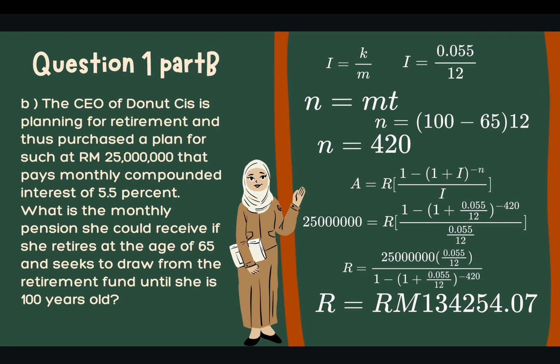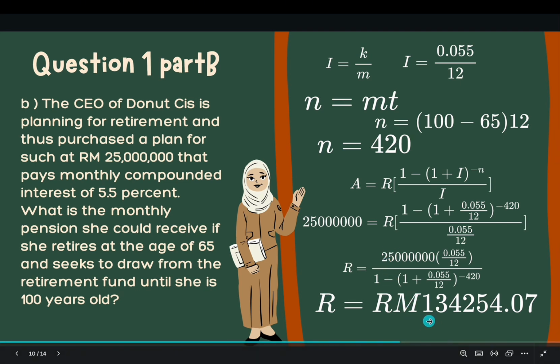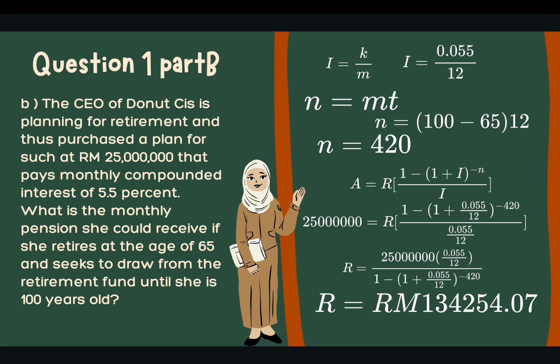First things first, we need to use the present value formula and substitute the values into the formula. So we need to find the periodic payment, which is R. Then simplify, and the answer is RM1,034,254.70. That's all for question 1, part B.